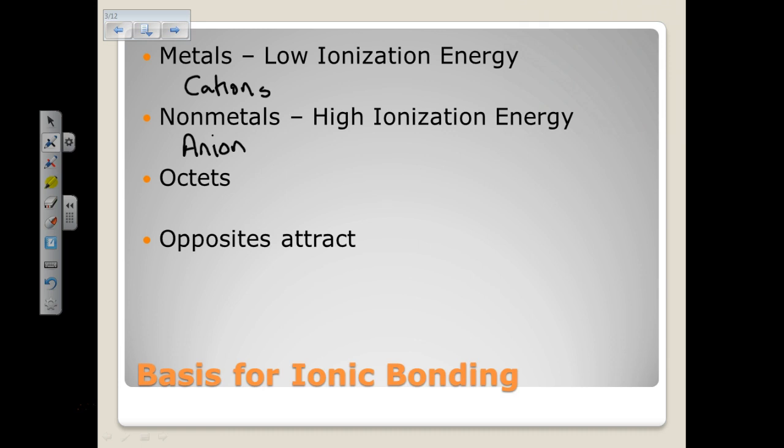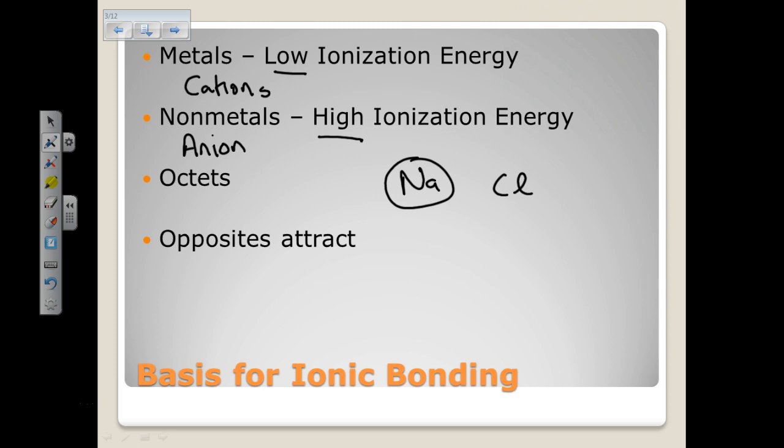If you're comparing something with low versus something that's high, let's say sodium versus chlorine, which one's more likely to give up an electron? Sodium is more likely to give up an electron, and chlorine, since it has a high ionization energy, is not going to give up electrons.